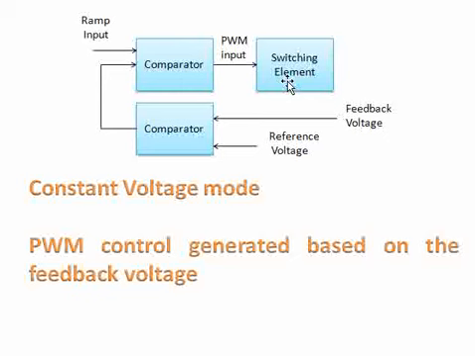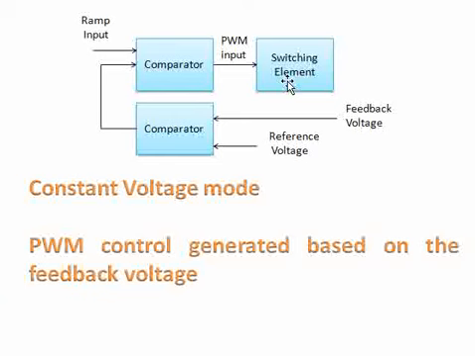That's how, based on the output voltage, the comparator input varies, and ultimately the PWM input to the switching element varies. That's how the output voltage gets stabilized to a particular level. So here the entire involvement is on the feedback voltage.